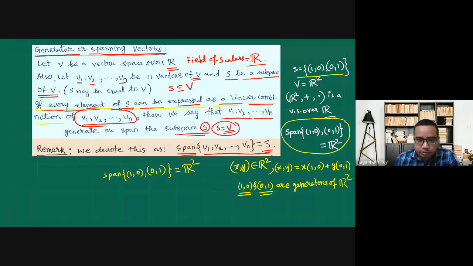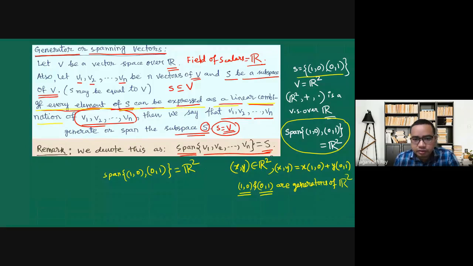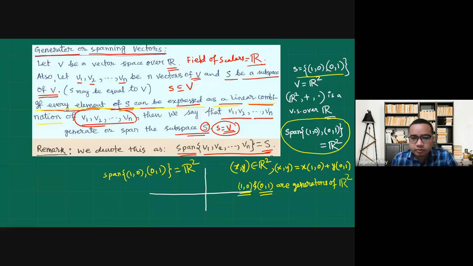Now, if you think about that graphically, suppose (1, 0) is here and (0, 1) is here. We pick any point here, (x, y).